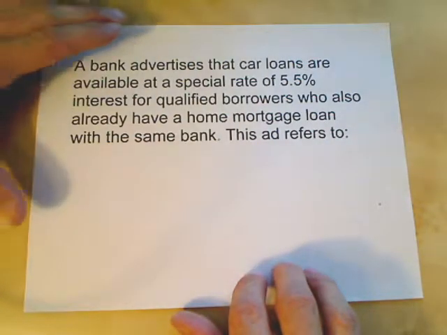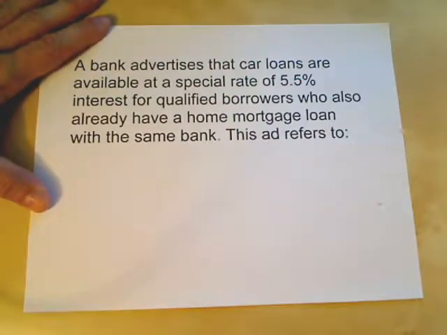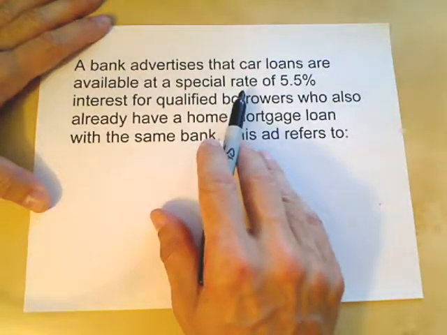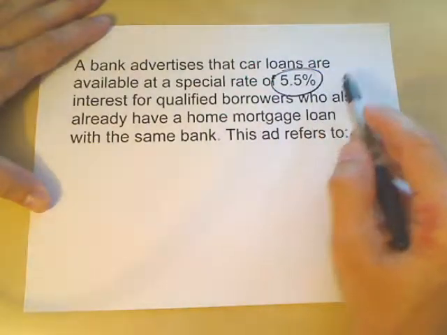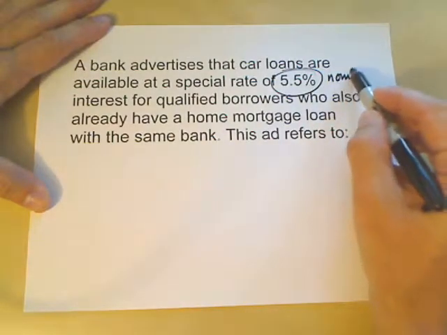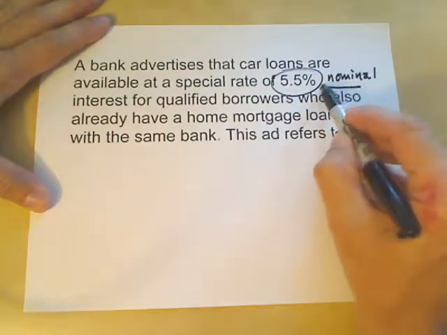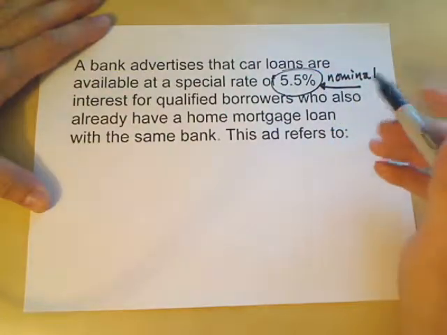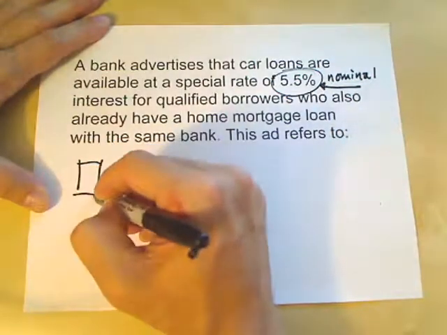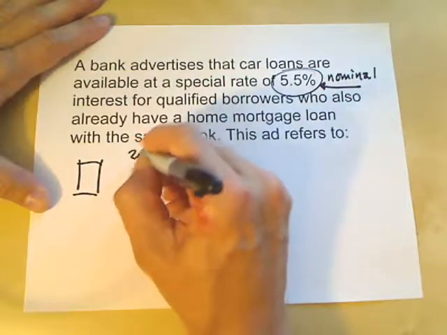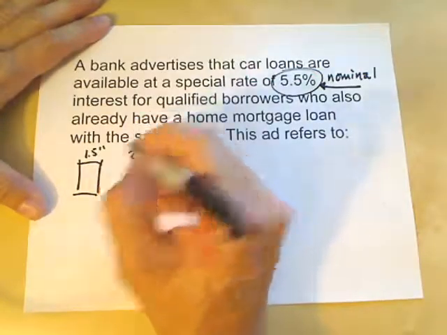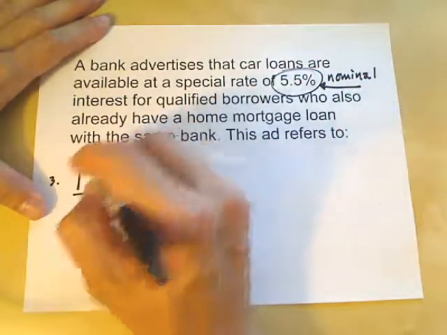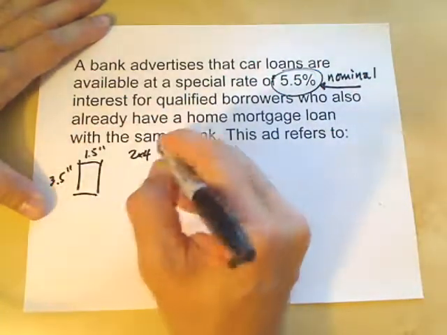Nominal comes from the same root word as name. So when a bank advertises that a car loan is available at a special discount rate of 5.5%, they're talking about a nominal rate. Think of a nominal dimension at the lumberyard. When you buy a 2x4, those are nominal dimensions. The real dimensions are 1.5 inches, at least in Canada and the United States, by 3.5 inches.